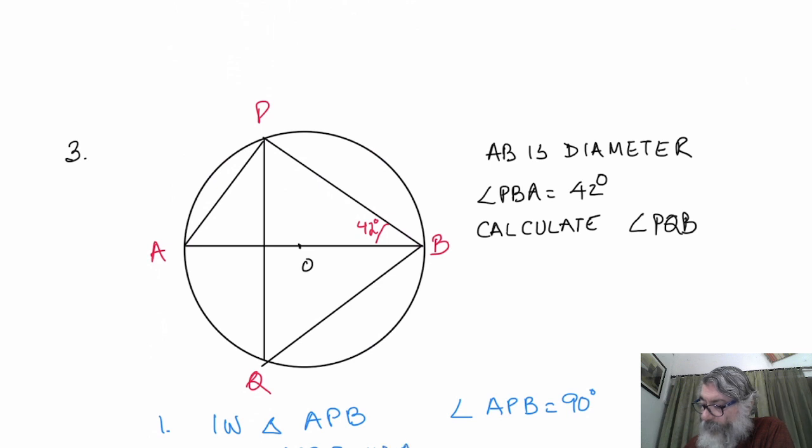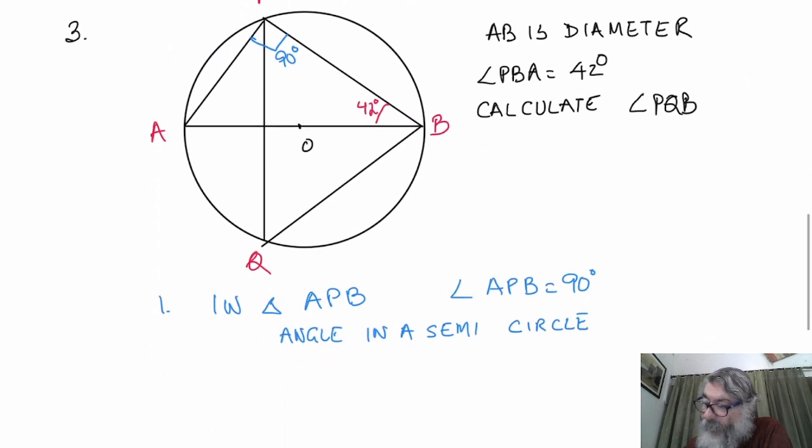Angle in a semicircle. This is an angle in a semicircle. 90 degrees, and if this is 42, I can calculate this.